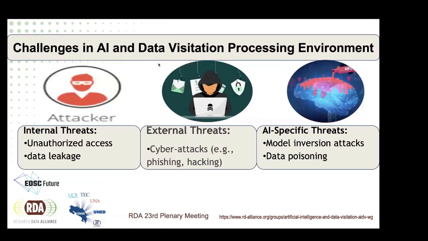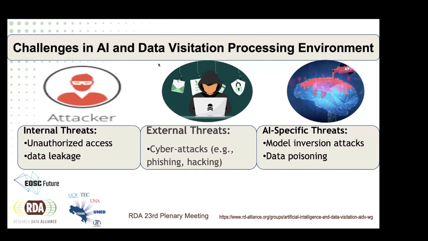So we have such challenges in this AI data visitation processing environment, which most of us are already aware of. We know of internal threats like unauthorized access. You could give somebody access to some parts of your resources, and the person could also get access to other things that you may not want the person to have access to.